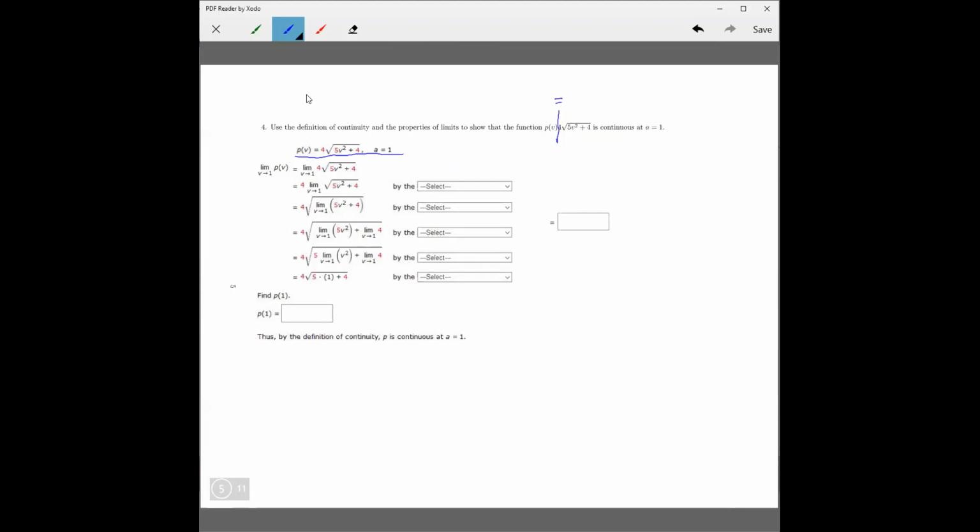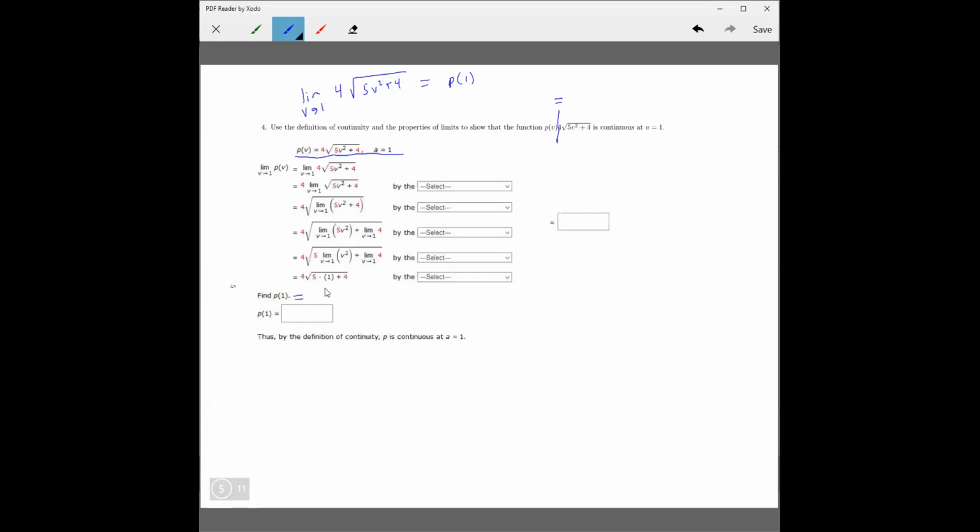Okay, so what you want to prove is that the limit as v goes to 1 of 4 times the square root of 5v squared plus 4 equals p of 1. So maybe we should find p of 1 first. Let's go ahead and do this right here.